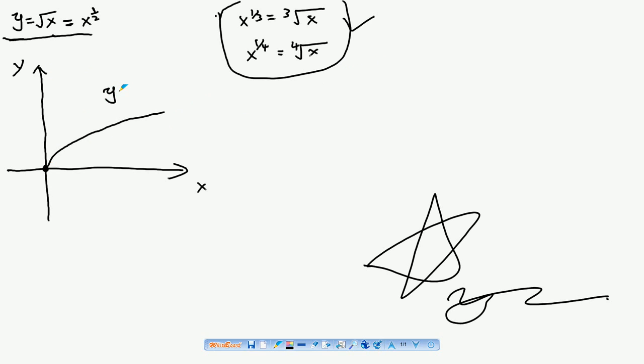So this is your y equals square root of x, and the domain is square bracket from 0 to infinity, or you can label it as x belongs to all the positive values union 0, because the origin is included in the standard graph.